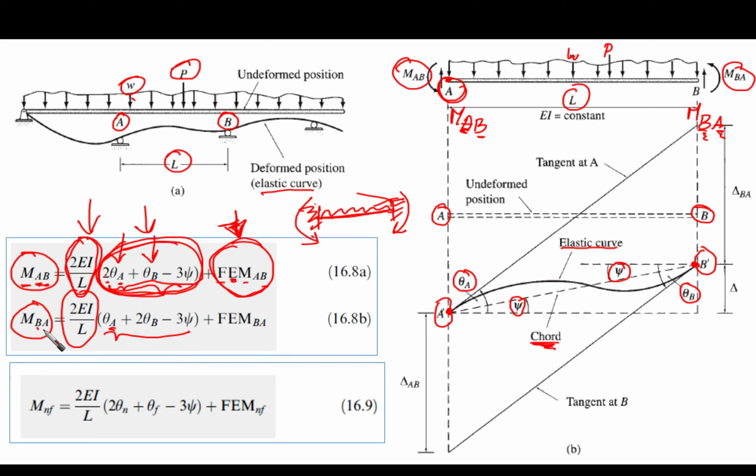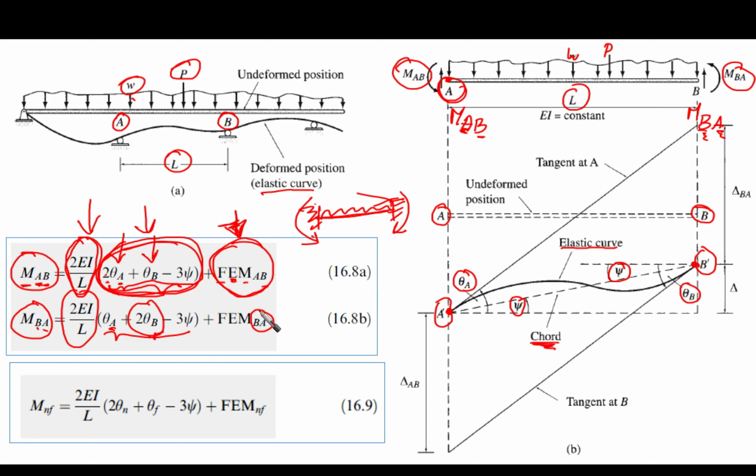But whenever we are talking about BA, it is only theta A, and 2 times theta B, which is going to be developed here, minus 3 psi, the same, plus FEM, the fixed end moments BA.